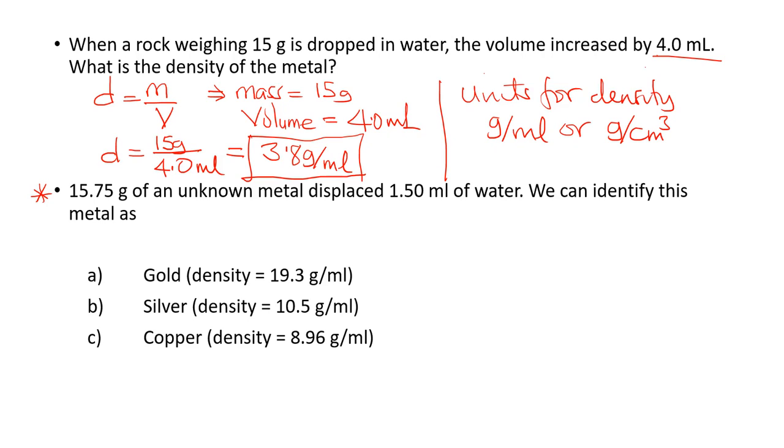15.75 grams of an unknown metal displaced 1.50 milliliters of water. We can identify this metal as... So if you have a question like this one, what they are looking for is that you need to determine the density and compare the determined density with the given density and see which of the three, A, B, and C, has the same density as the one we are going to calculate.